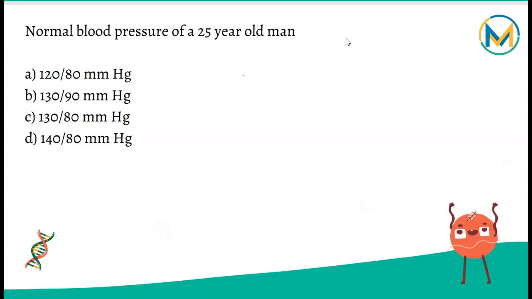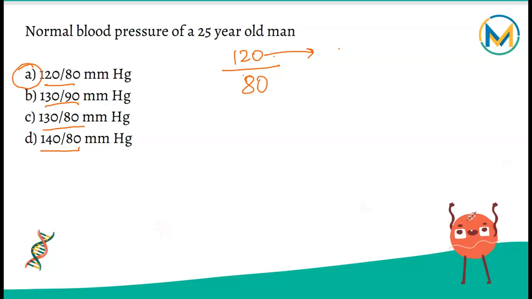Normal blood pressure of a 24-year-old man: 120 by 80 mm of mercury, 130 by 90 mm of mercury, 130 by 80 mm of mercury, and 140 by 80 mm of mercury. So the normal blood pressure has to be this one always, 120 upon 80 mm of mercury.